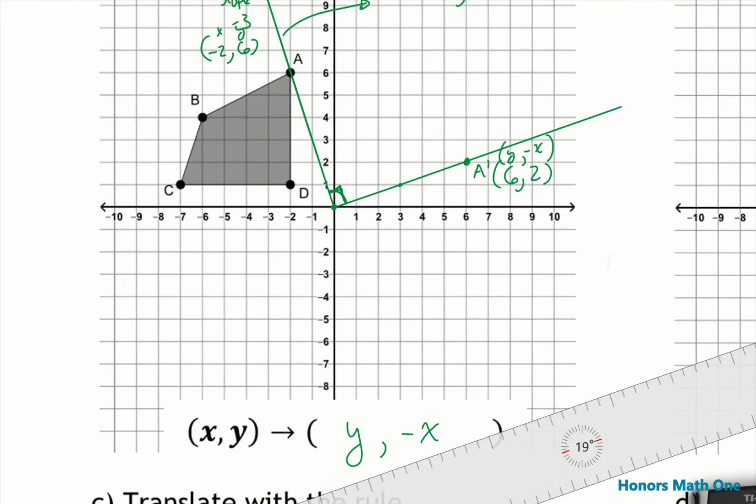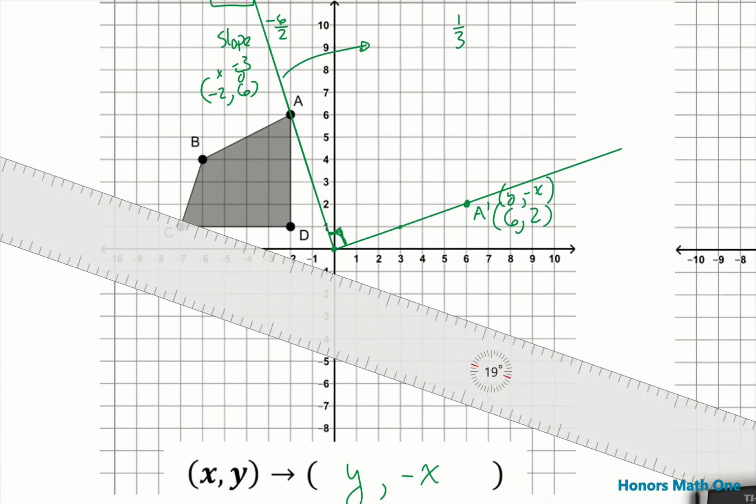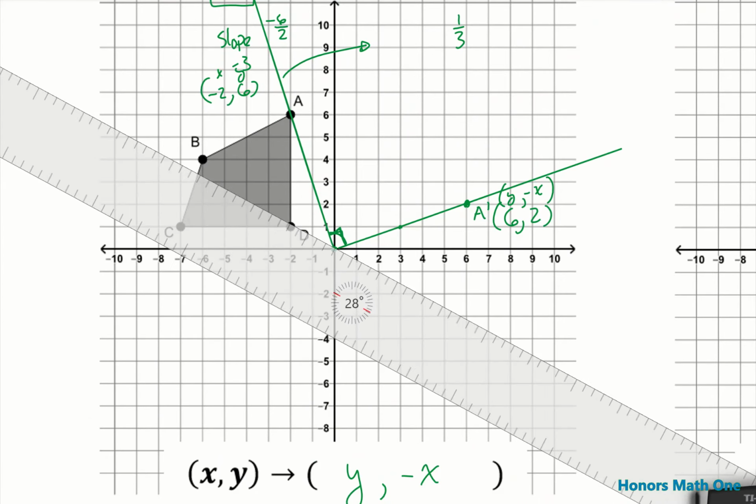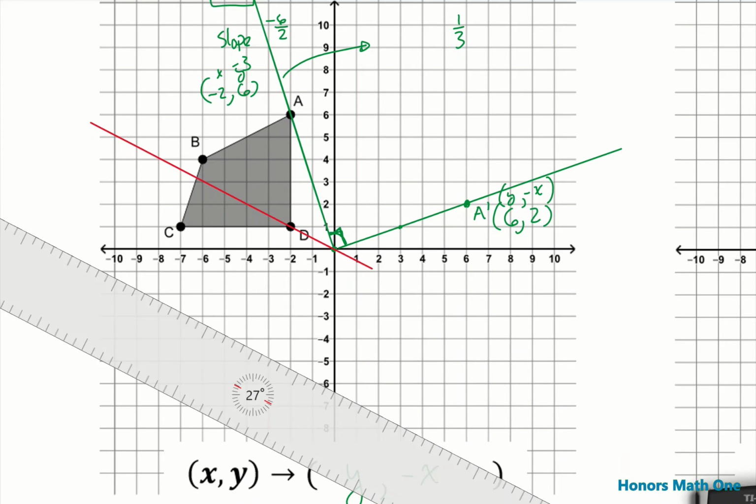Now I don't need to draw this right triangle for all of them. It might be helpful to do it, but I know, for example, and I'll do this one in red, if I look at point D, that's down 1 over 2, so this is a slope of negative 1/2.